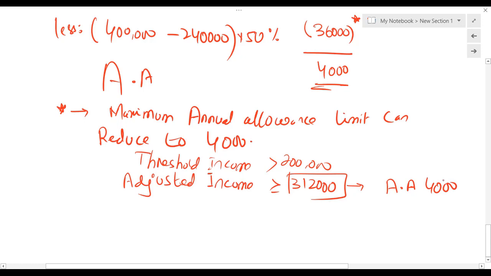Any individual who has adjusted income of 3,12,000 or more will get an annual allowance of 4,000.